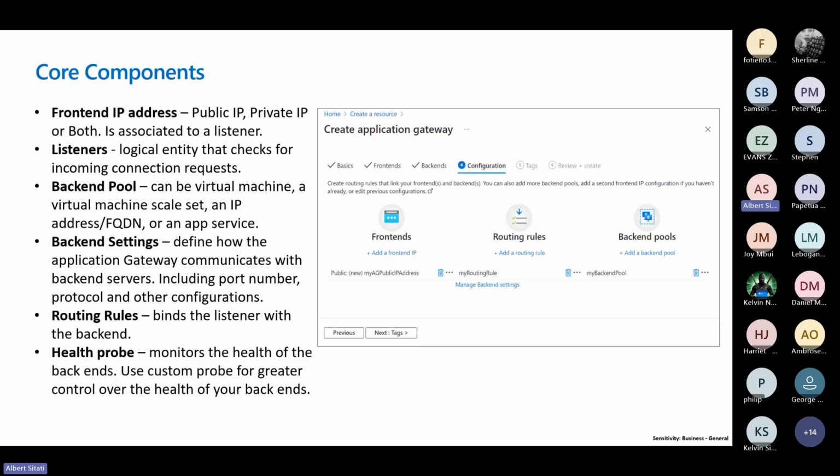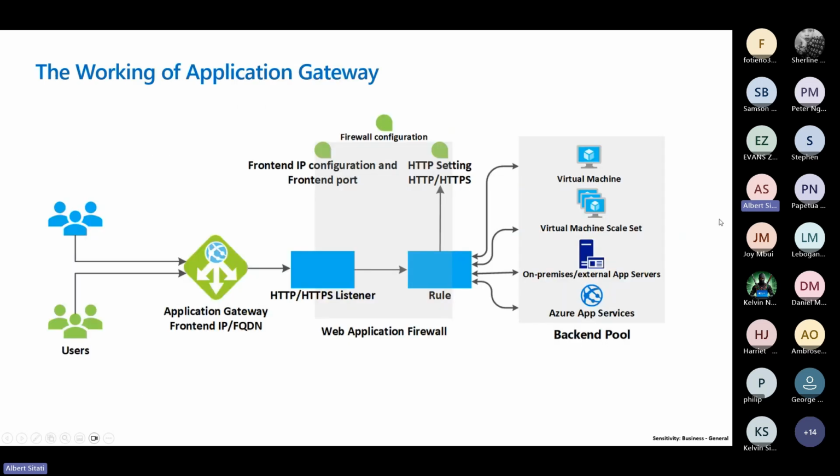You'll have to understand that at the front you have the front-end IP, you have the backend pools, and what connects them together are the rules. But don't worry, once we are on the practical aspect of it, I believe we'll understand it better.